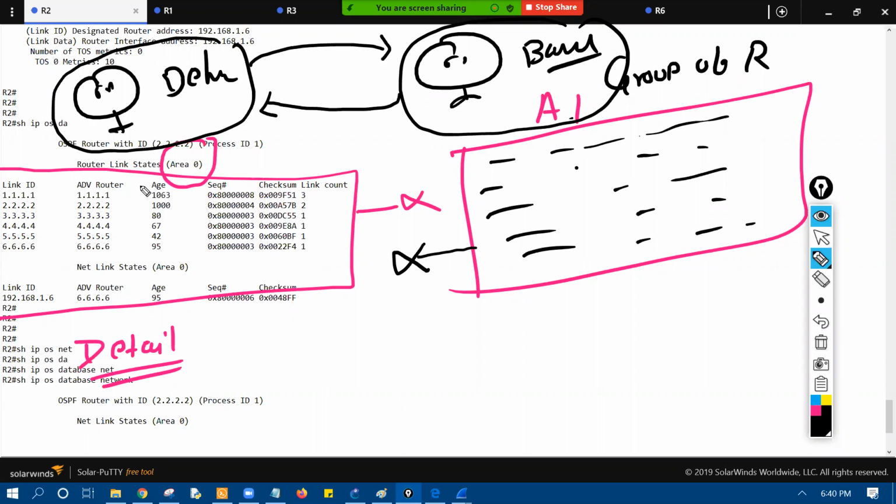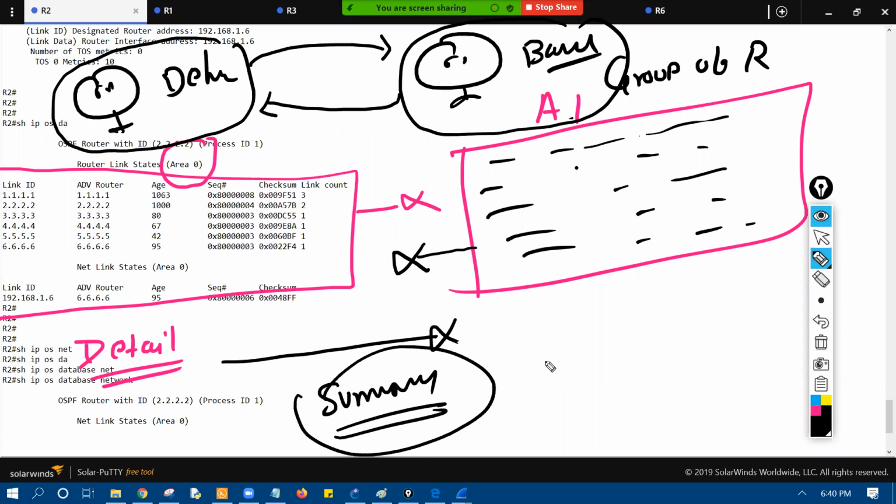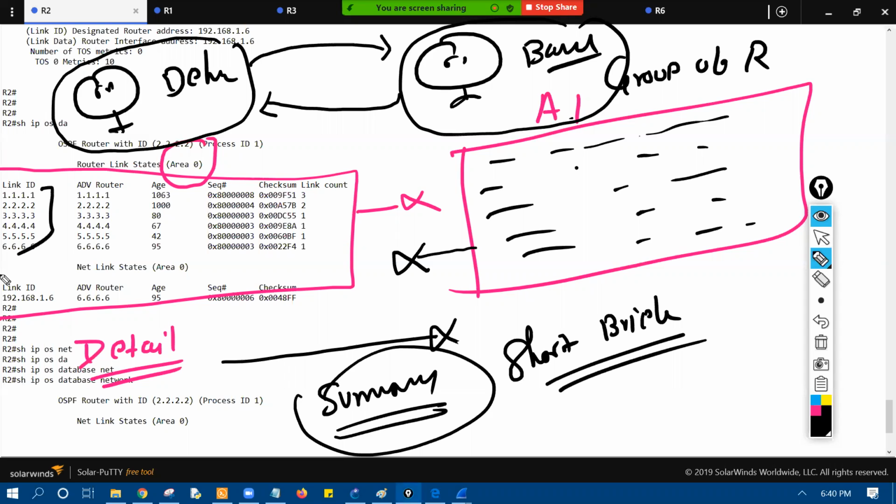Same thing, area 0, the detailed information I cannot send to you. Yes, I will send you the summary information, short information, brief information, but not the detailed information. Detailed information is only about me. Whatever routers are sitting in an area, they all have the detailed information.